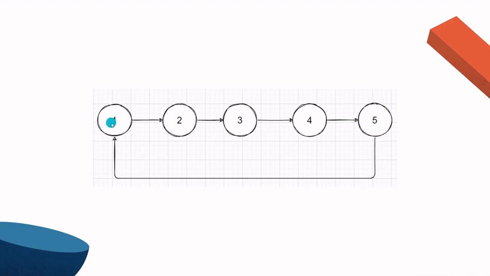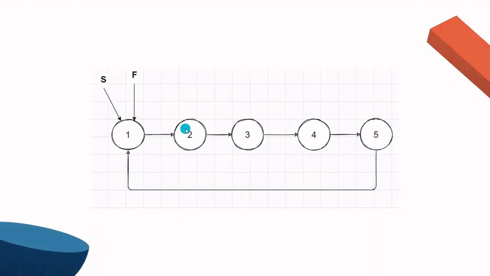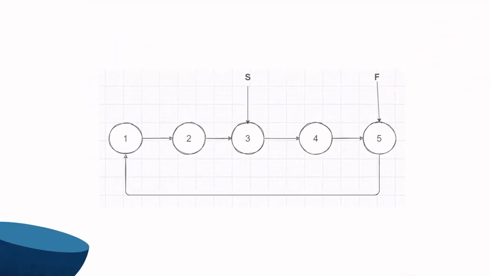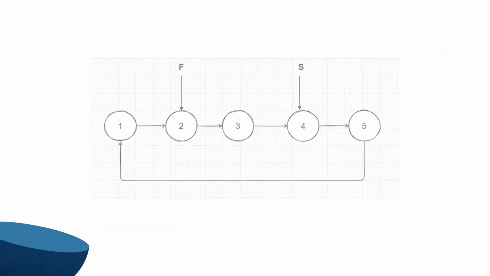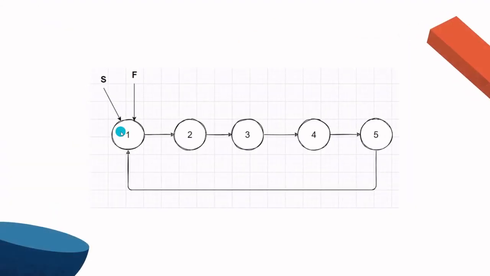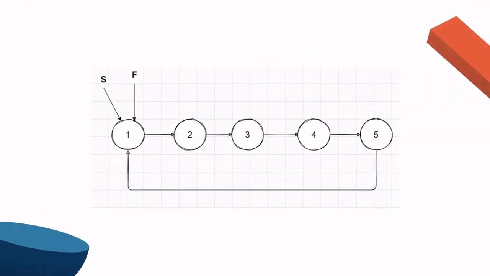When we iterate a slow pointer and fast pointer, they are going to meet at node 1. We can do the iteration one more time, but I think that won't be needed.